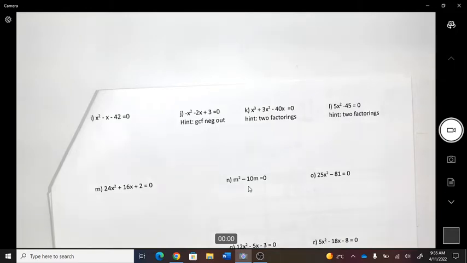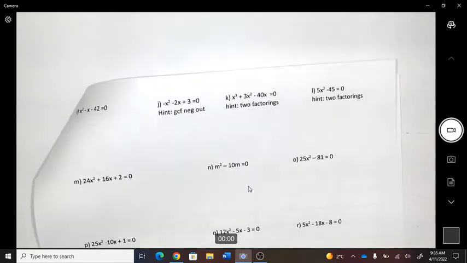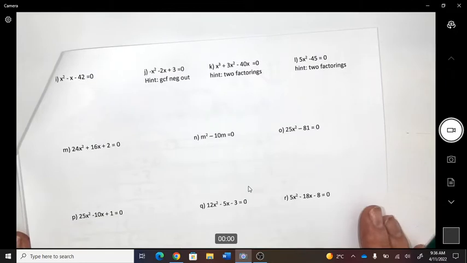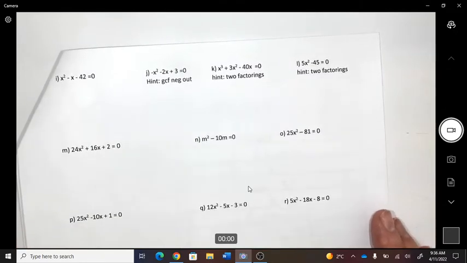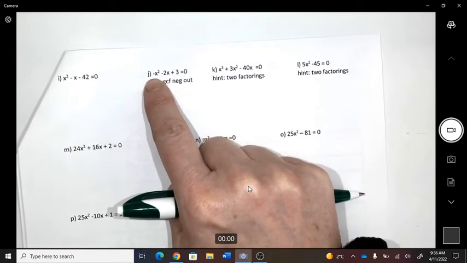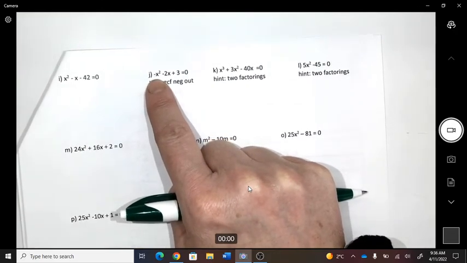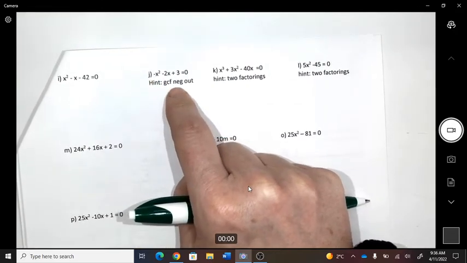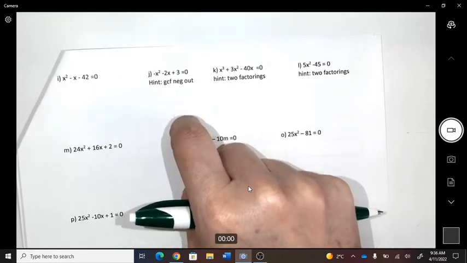Okay, are you okay? Skip I. That was just another simple trinomial. We've done enough. J. So here I gave you a hint. Since I don't like to factor with negative starts, my hint is to GCF something out.